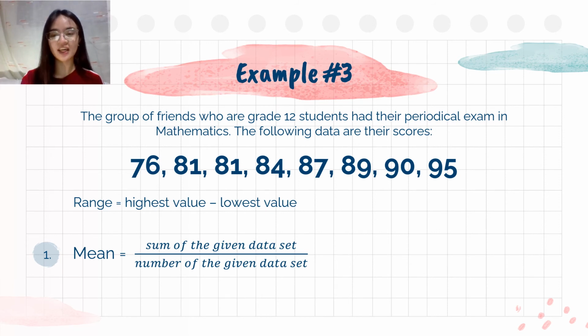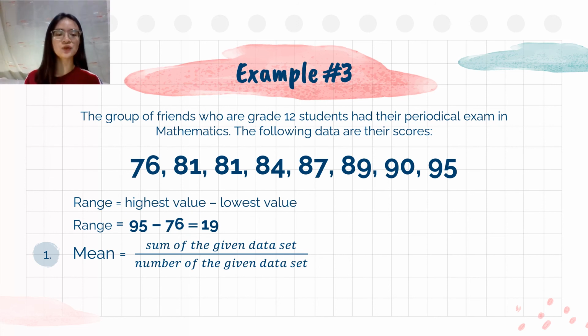So, para hindi na tayo mahirapan hanapin yung highest value at saka yung lowest value. So, we should get the range. Range is equals to highest value, which is the 95, minus lowest value, which is 76, is equals to 19.